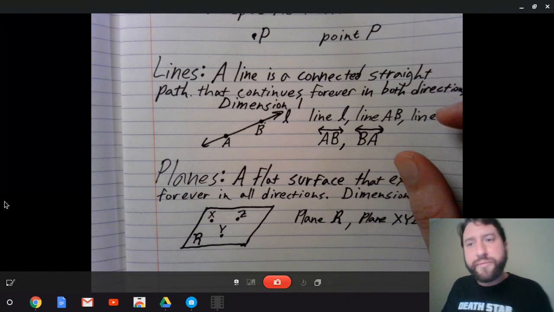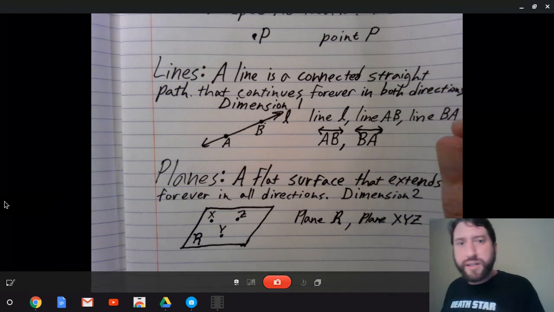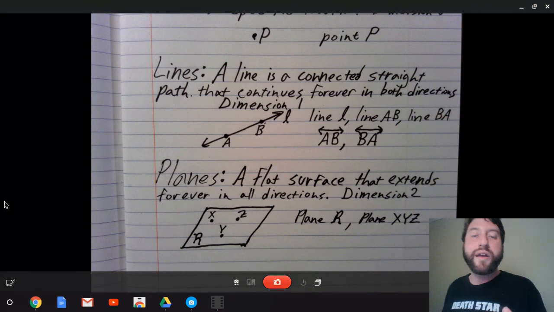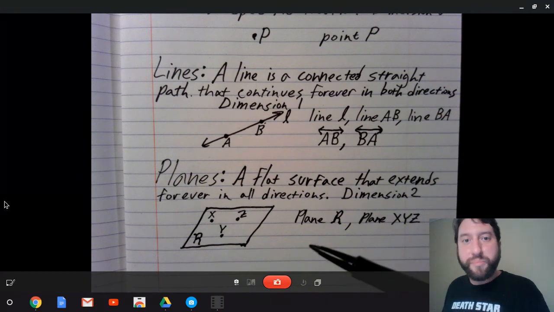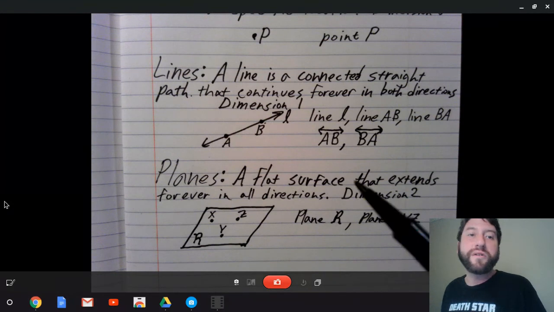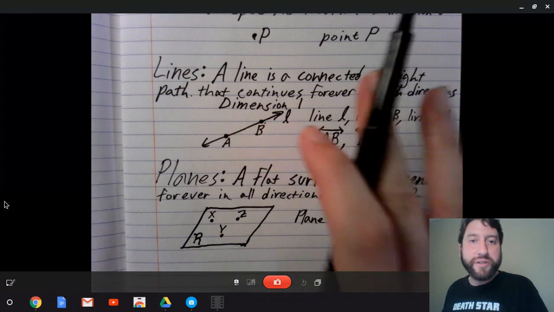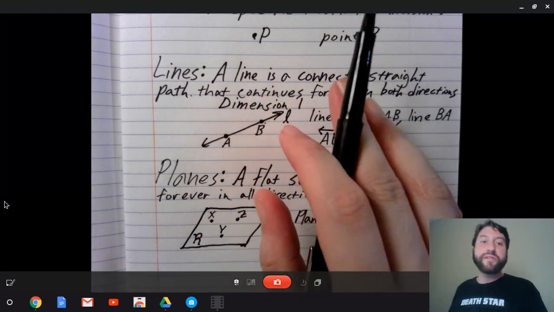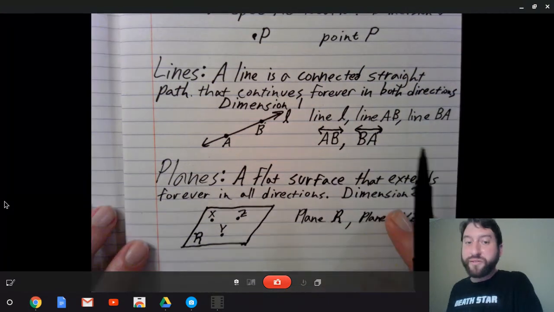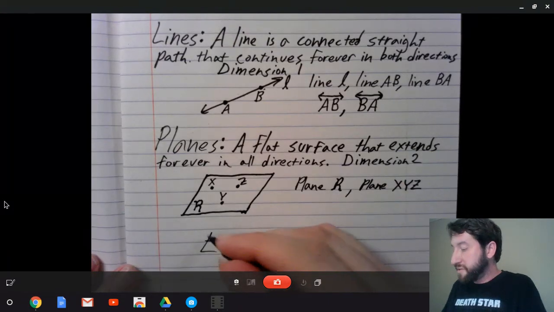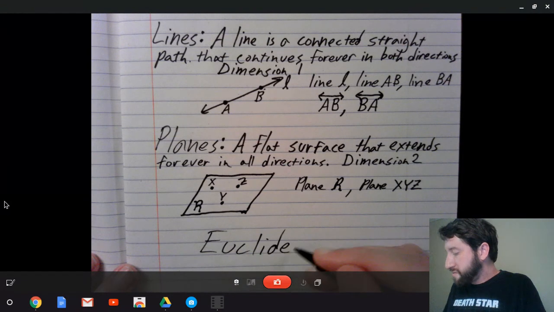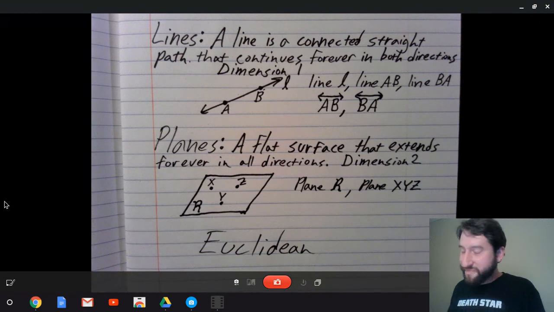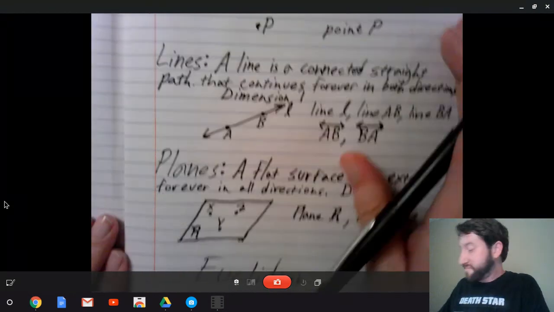He wrote this stuff down and came up with an axiomatic system. Remember, we talked about mathematical proofs. He was one of the first to write real mathematical proofs. In fact, his work was so good that it was used all the way until the early 20th century. That's why we call it Euclidean geometry. It's named after Euclid. Very important guy, don't forget it. Without him, you wouldn't be here.